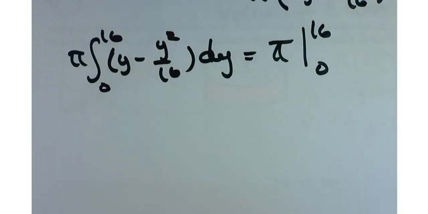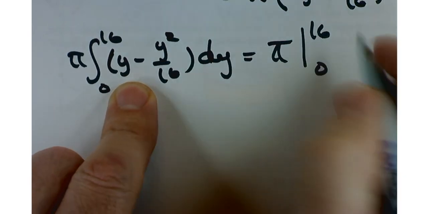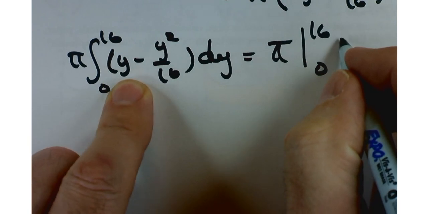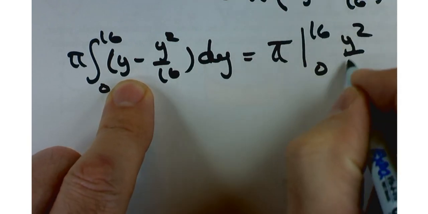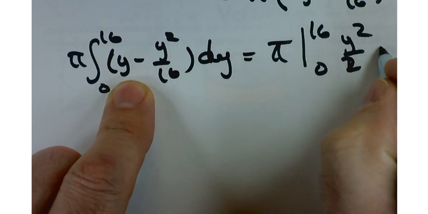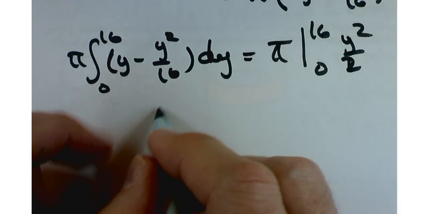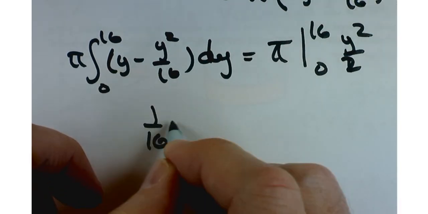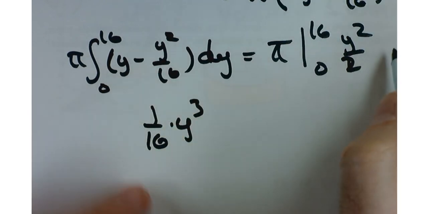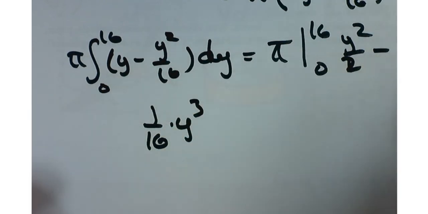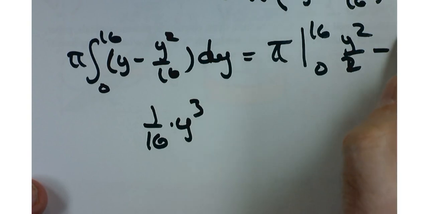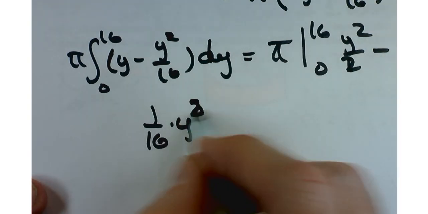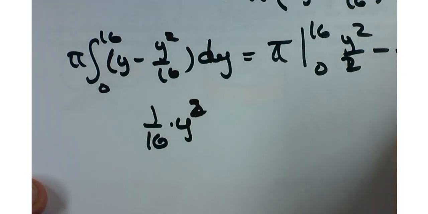Nice to hear. So I need an antiderivative here. Isaiah, what would be an antiderivative for this one? Y over 2. All right, y over 2. You might want to regard that as 1/2 y squared. Do you mean y squared? Y squared, sorry, y squared. So 1/16.